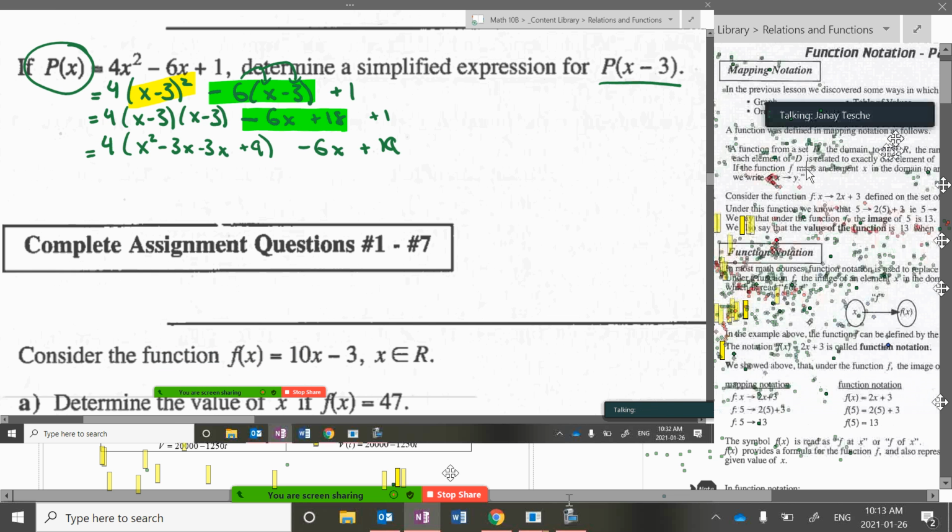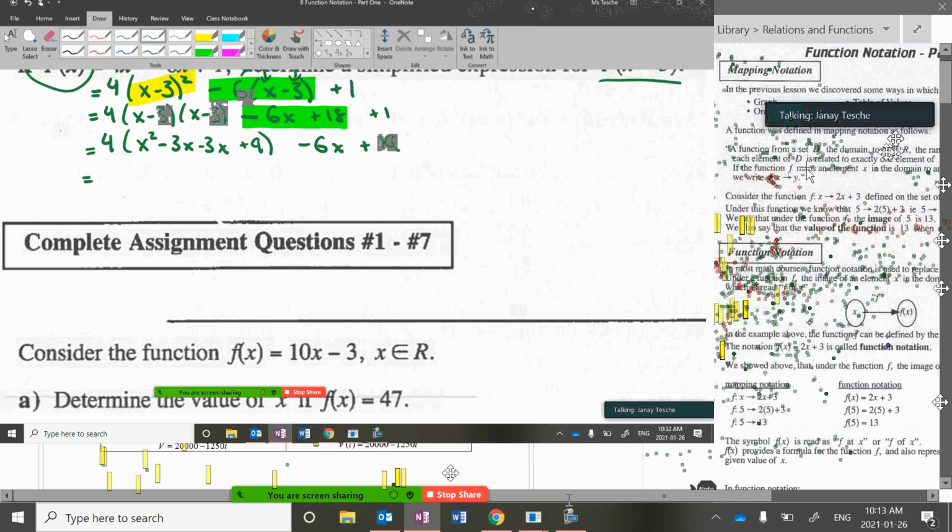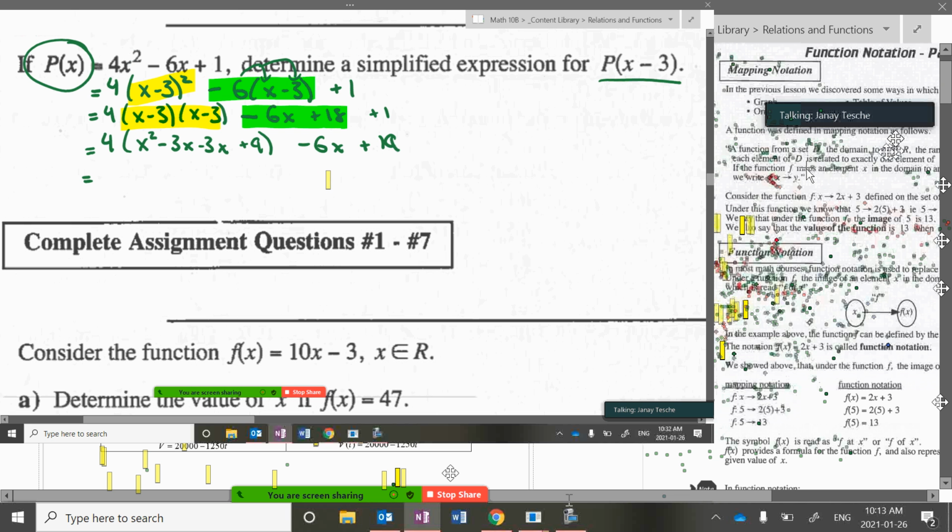I'm going to clean up my factoring portion of this, so my yellow portion. Let's clean that up a little bit more. Again, I'm showing lots of steps here. By all means, you can show less if you're able to. If you're not able to, that's just fine. So this is then going to become x squared minus 6x plus 9 minus 6x plus 19.